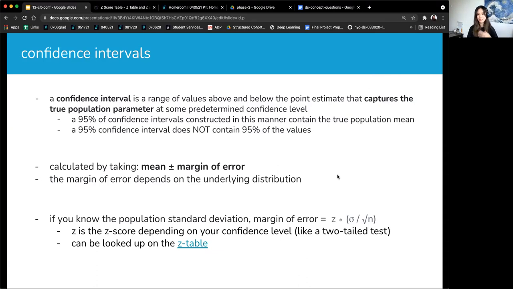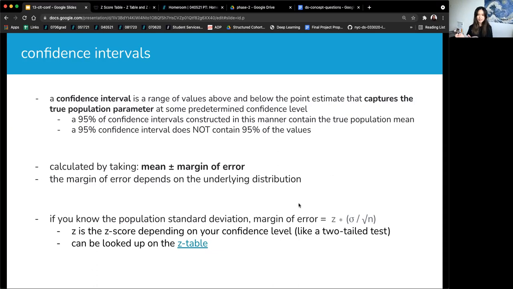Basically, if you're asked the definition of a confidence interval, 95% of confidence intervals contain the true population mean. For now, I know that this sounds very, very abstract. When we get to our modeling, I will explain this again in our context. What's going to happen is we're going to be given a confidence interval, and we just have to interpret that.